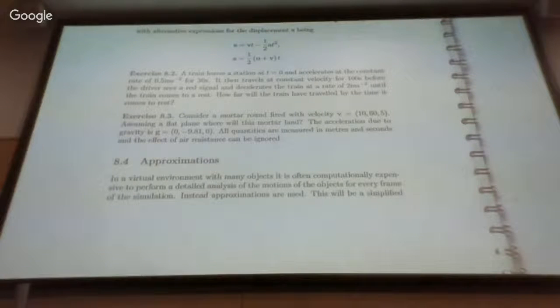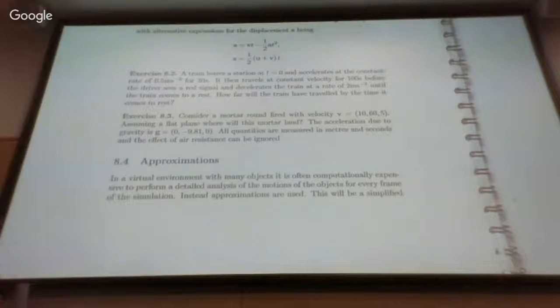Computers have finite resources of computational power, so the practice of programming computers is often the practice of squeezing the most out of the available resources.